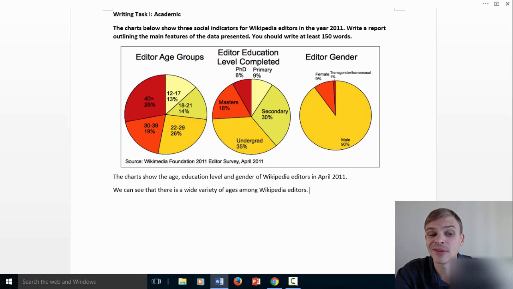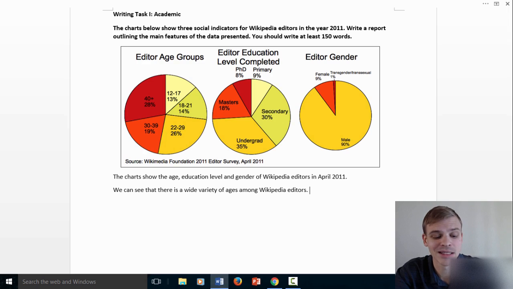So I'm looking at the 40 plus group, and it's at 28%. Do you see that in the red? 40 plus is 28%. That's larger than any of the other groups. Here, I thought they were all kids writing on the Wikipedia. These Wikipedia articles, they're actually people who are mature adults. Wow, so 40 plus, 28%.